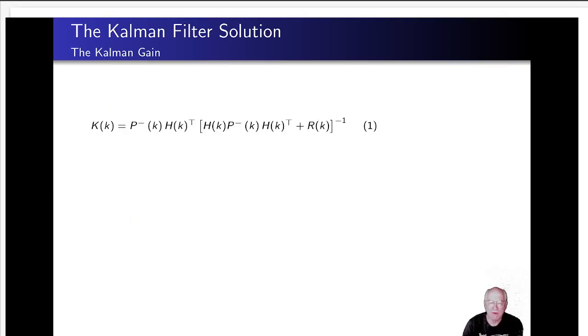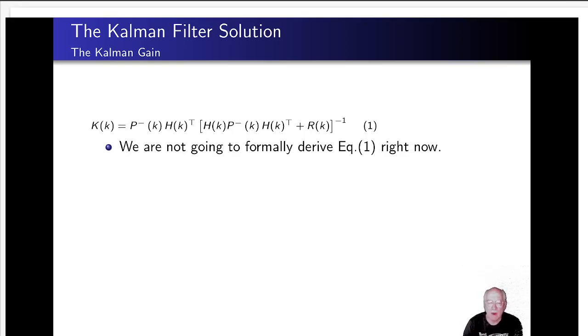So here's the equation again, and first we're going to say that we're not going to formally derive the equation. We will do that later in subsequent playlists, where we will get into more detail on the statistics underlying the Kalman filter and a more in-depth understanding of what covariance matrices are.